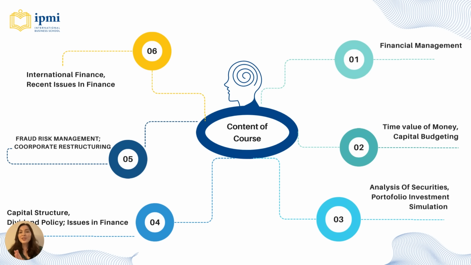The content of this first meeting contains an introduction to the stages of material. Number one, intro to financial management, time value of money. Number two, capital budgeting. Number three, analysis of securities, investment portfolio.